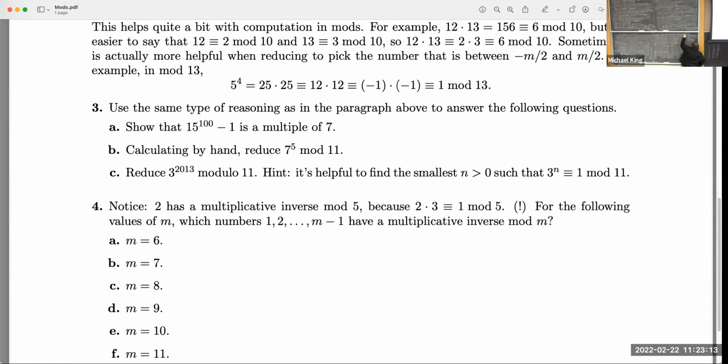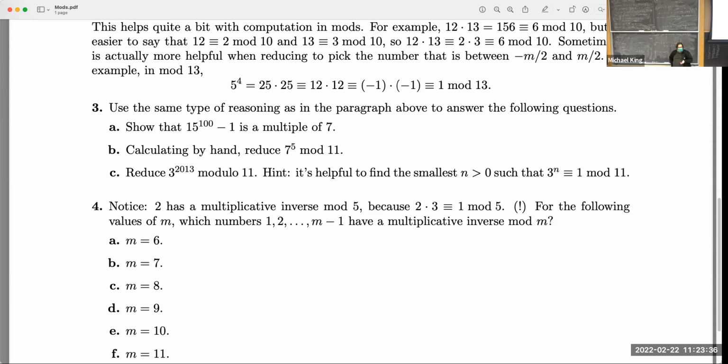So if I take something like 49, when you divide by 11, what's the quotient? 4, it goes in 4 times, right?